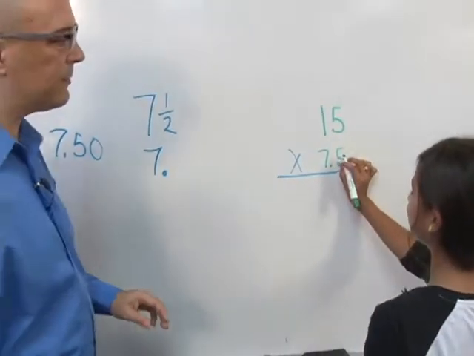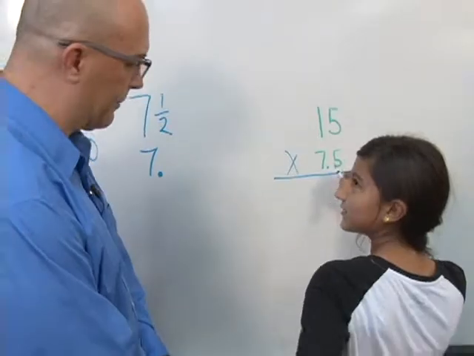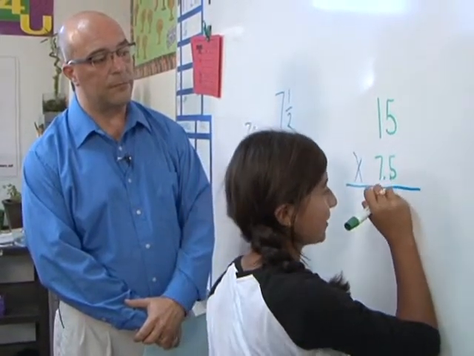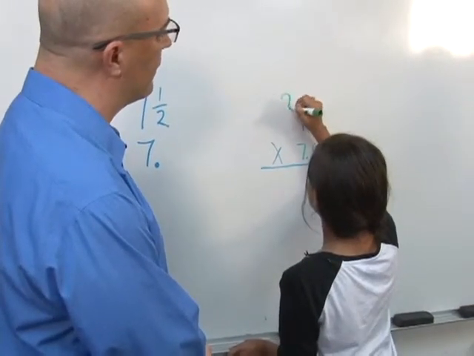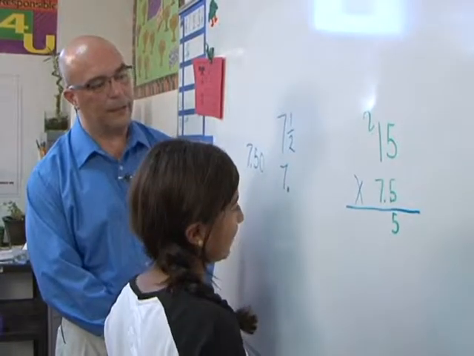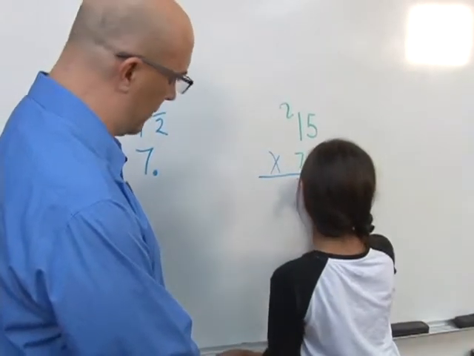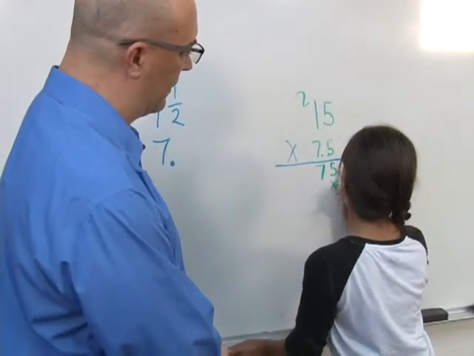You first multiply the number that's on the left. All right. So you multiply 5 times 5, that equals 25. You carry the 2. You multiply 5 times 1 plus 2 equals 7. All right. Then you could put an X so you don't get messed up.